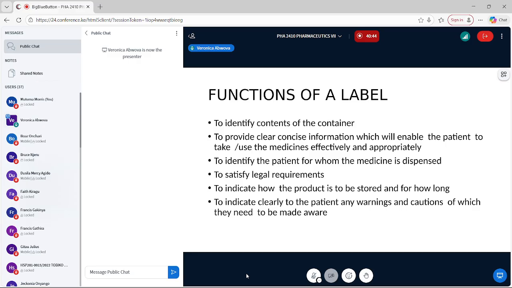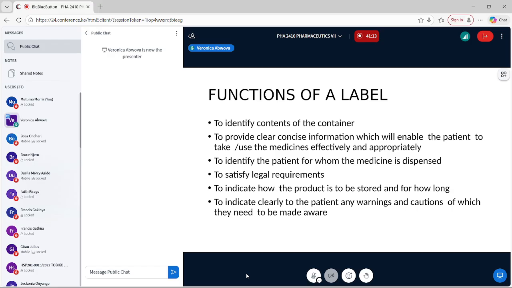Remember management of poisoning, hopefully you did this in high school or primary. There were different ways different poisons would be managed. There are times you'd be told, this one you can induce vomiting, with this particular one you should not induce vomiting, and things like that. So that's what we are talking about here. Always ensure the identity of the contents is on the container.